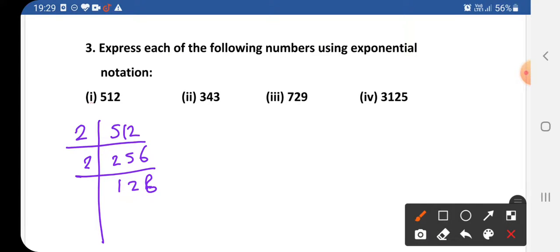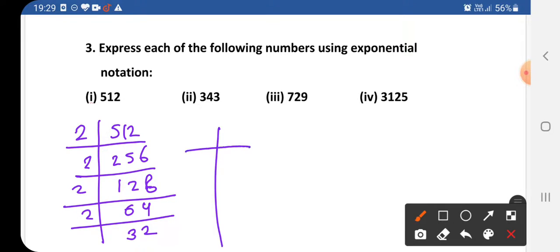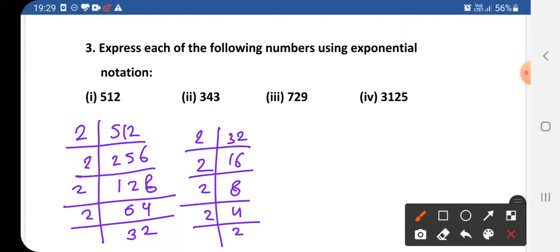Then again divisible by 2, 2 6s are 12, 2 4s are 8. Again 2 3s are 6, 2 4s are 8. Again you will just continue downward, but here I am not getting much space, that's why I am writing it here. Now 32 again divisible by 2, 16 2s are 32, then 2 8s are 16, 2 4s are 8, 2 2s are 4 and 2 1s are 2.